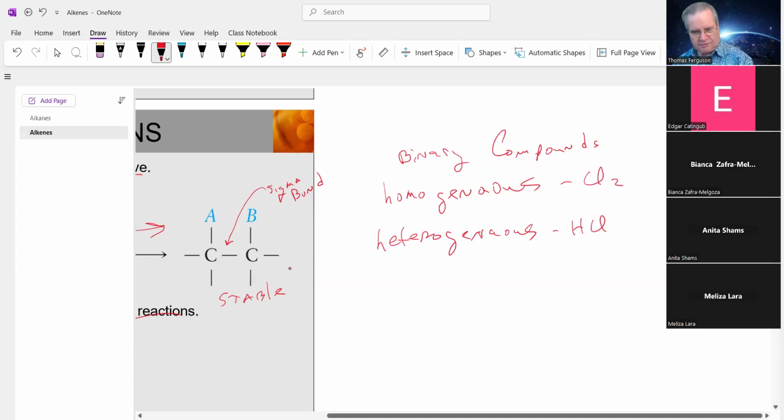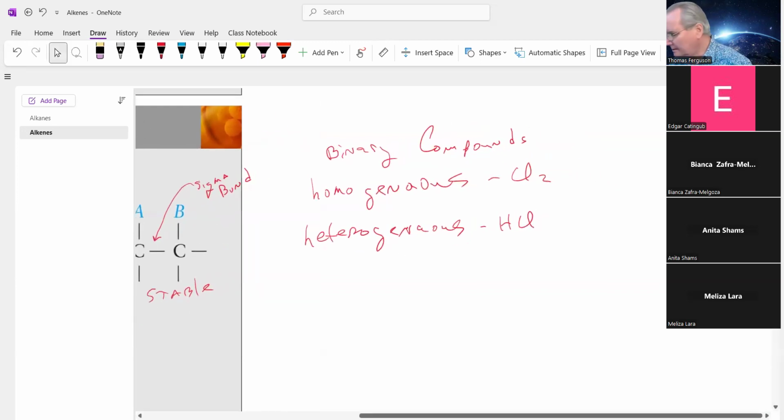Homogeneous like Cl2 or H2. Those would be examples of homogeneous.